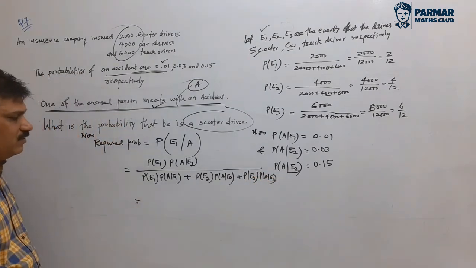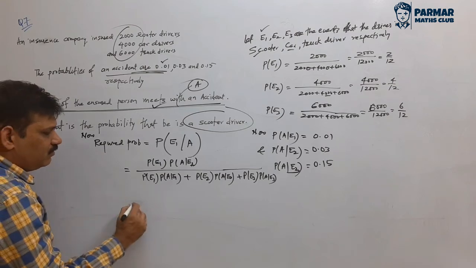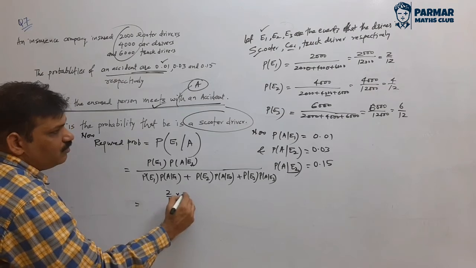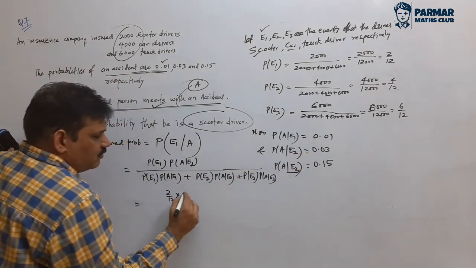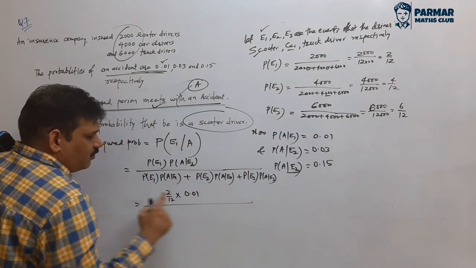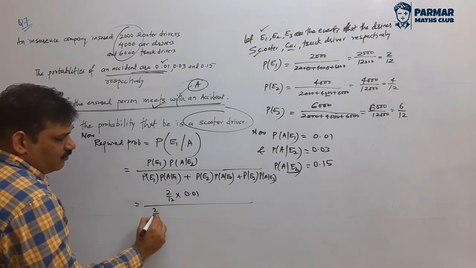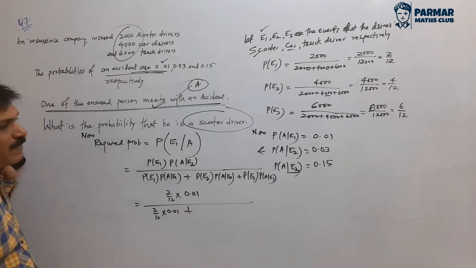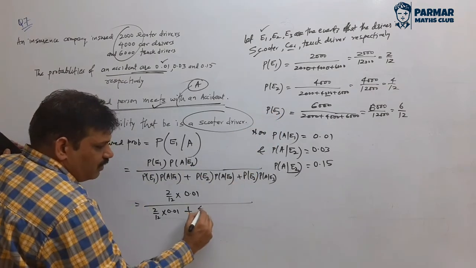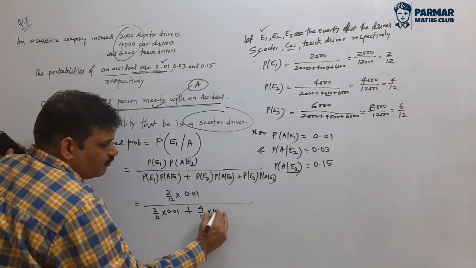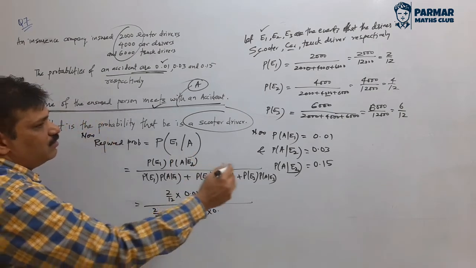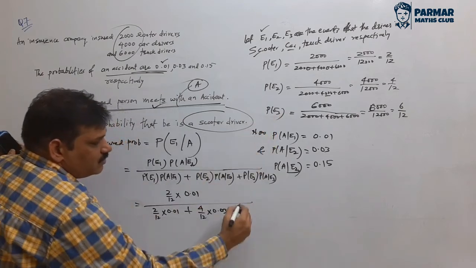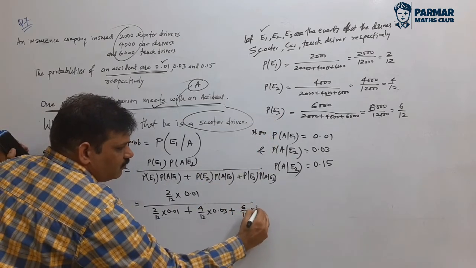Let's put the values. Probability of E1 is 2 by 12 into the probability of accident, that is 0.01, upon 2 by 12 into 0.01 plus probability of E2, 4 by 12 into 0.03, plus the probability 6 by 12 into 0.15.